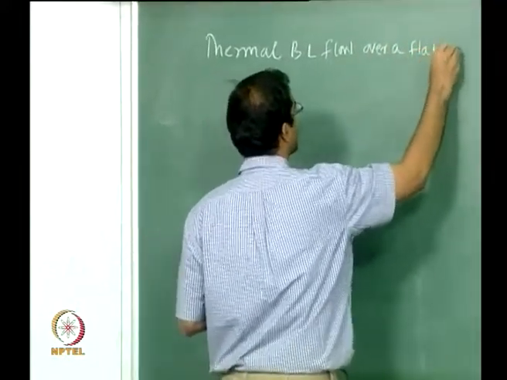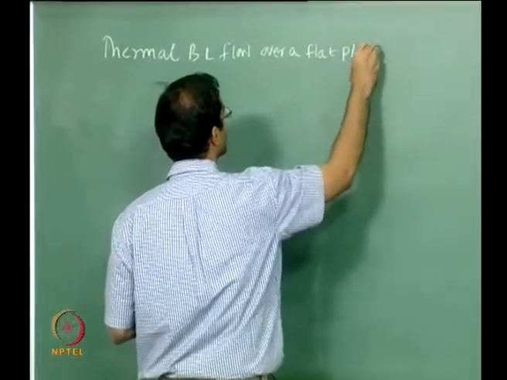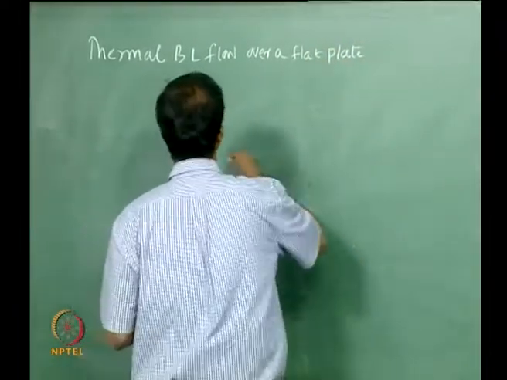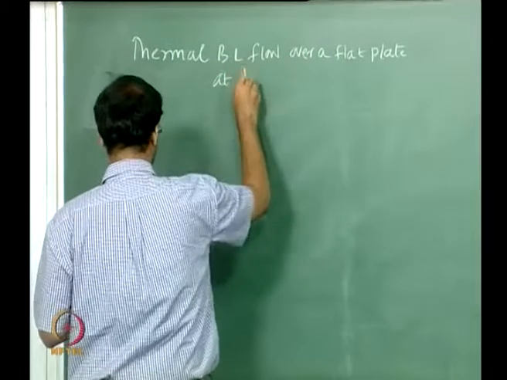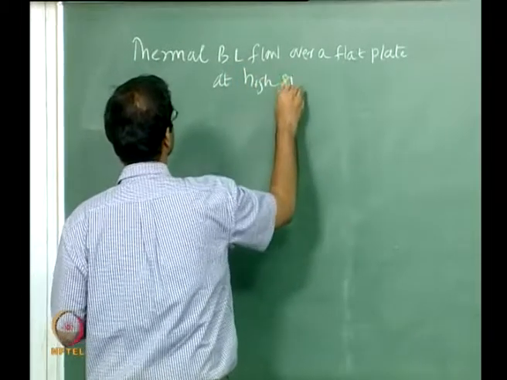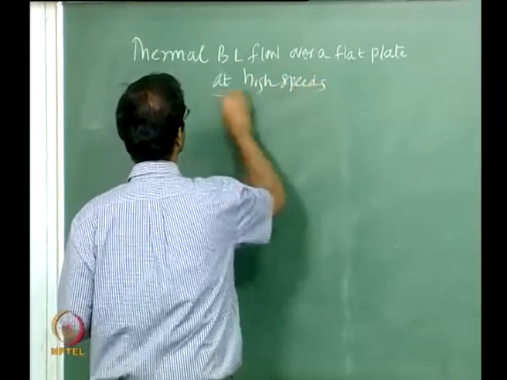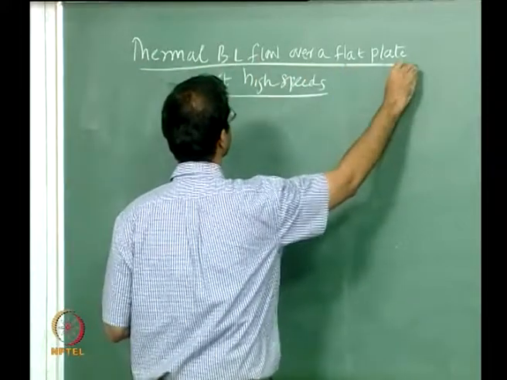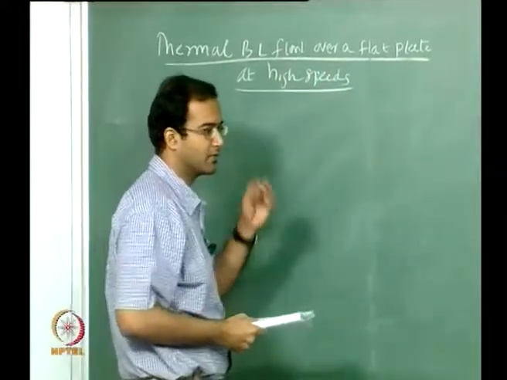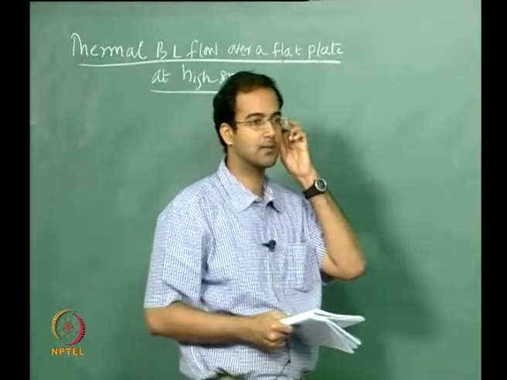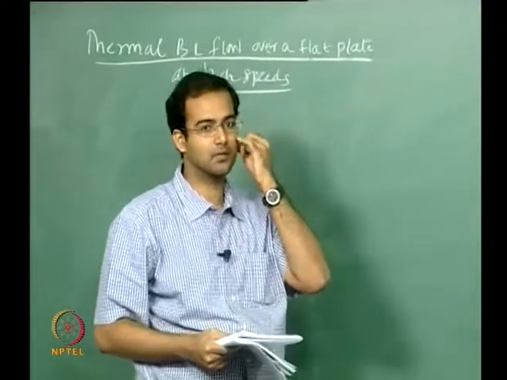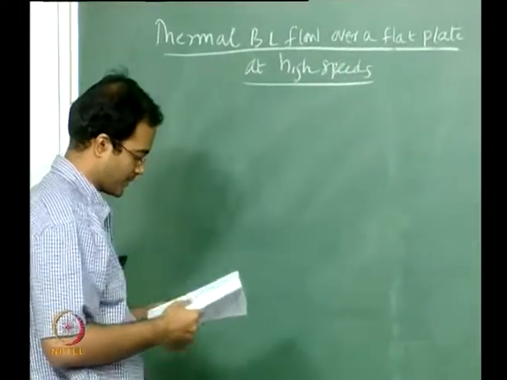Although I am doing this for a flat plate, the same thing applies even to wedge flows. When I say high speed here, I am just indicating that the ratio of Eckert number by Reynolds number is very important, and therefore the viscous dissipation has to be considered.